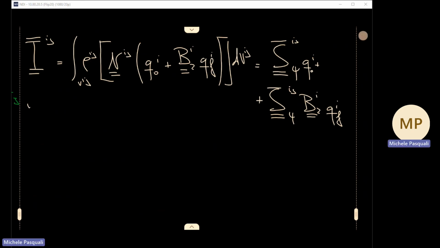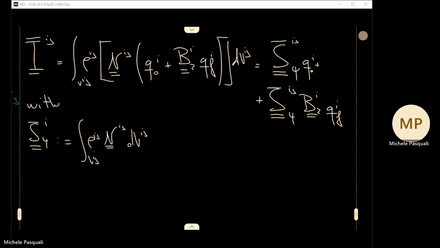Where S psi i, by definition, is the integral over Vij of rho Ij n Ij dVij. In fact, we can unpack n. We can also write it like this. C2, you remember, is a constant matrix.